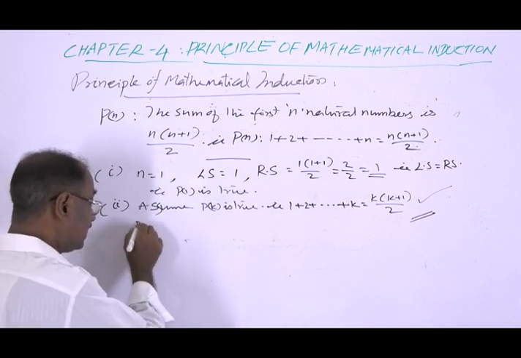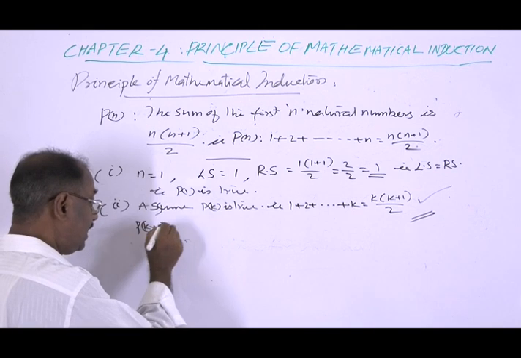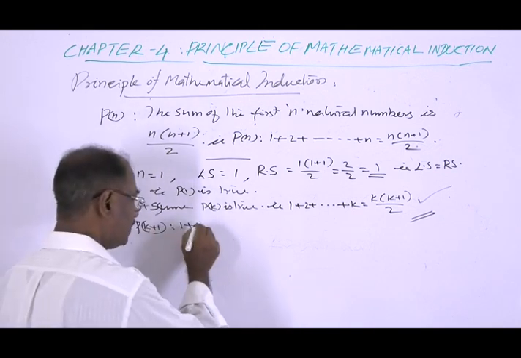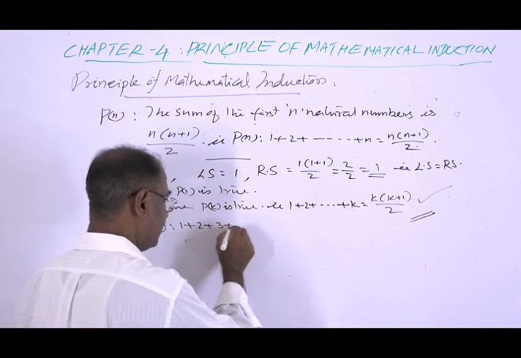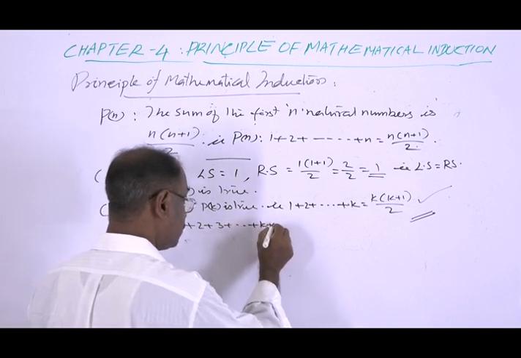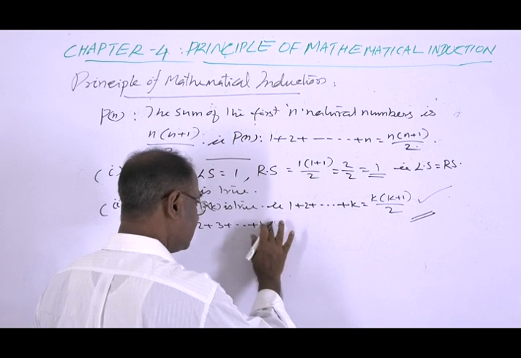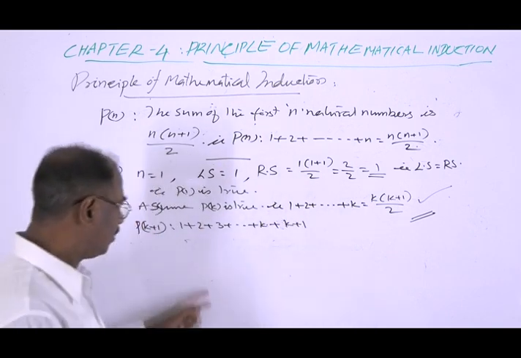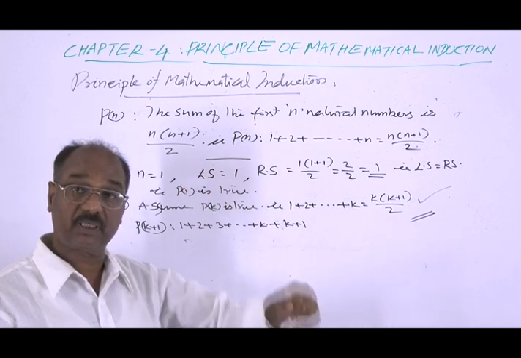For this, consider Pk plus 1. Pk plus 1 is 1 plus 2 plus 3 plus etcetera plus k plus 1, the sum of the first k plus 1 natural numbers.